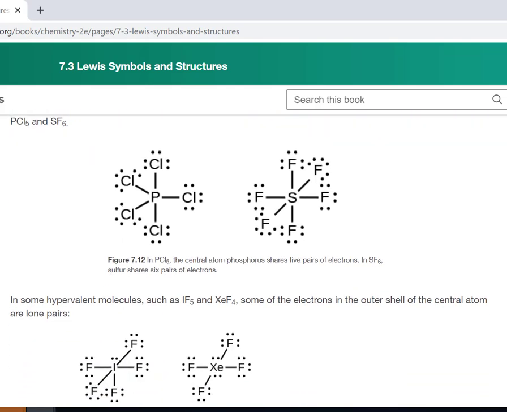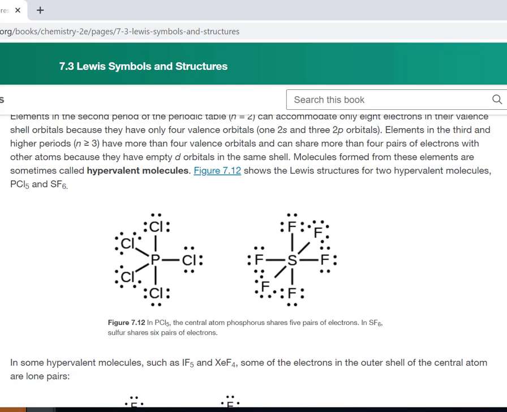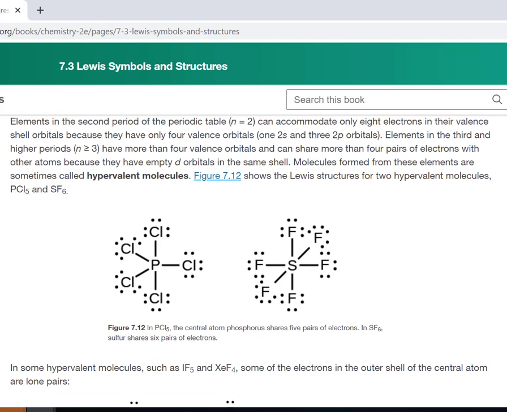What's going on here is that you have some amount of the d orbitals involved in the bonding. So empty d orbitals in the same shell that aren't yet involved in the bonding can be involved. And this is something we'll maybe get into in a bit more detail later in this module.